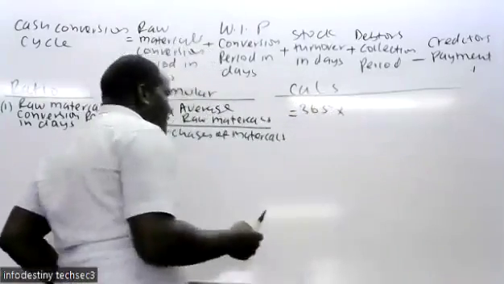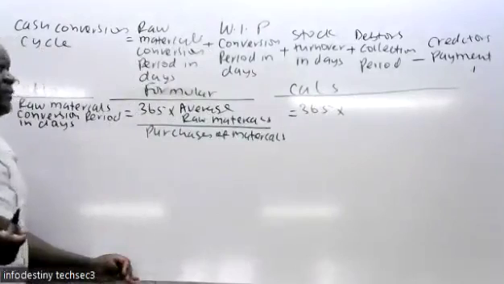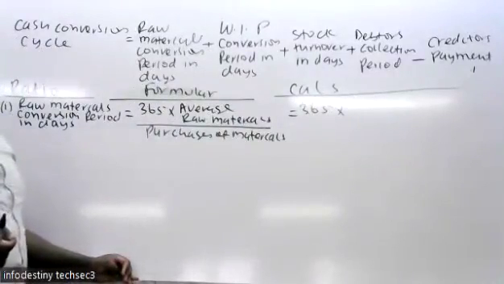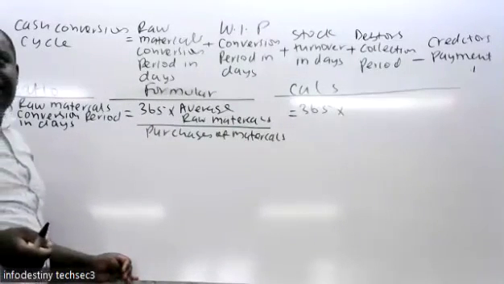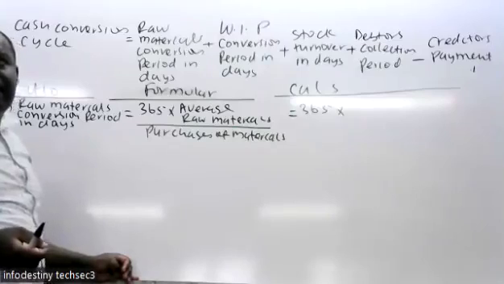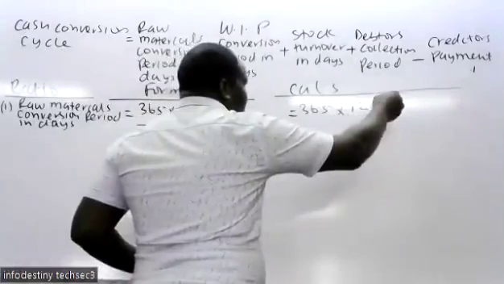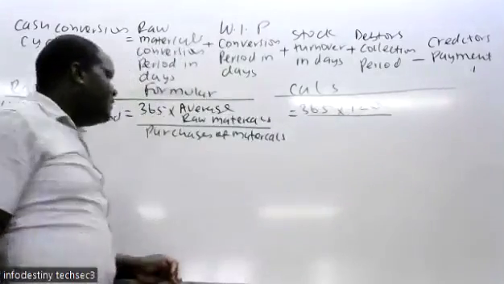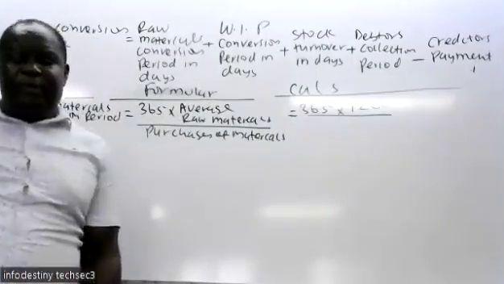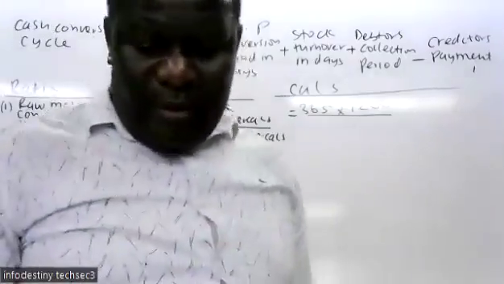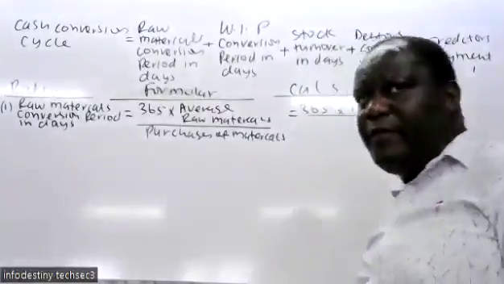So what have I given here as the average stock of the raw materials? 1,200. Then we divide by the purchases of the raw materials. Purchases of the raw material, I gave you 6,000.